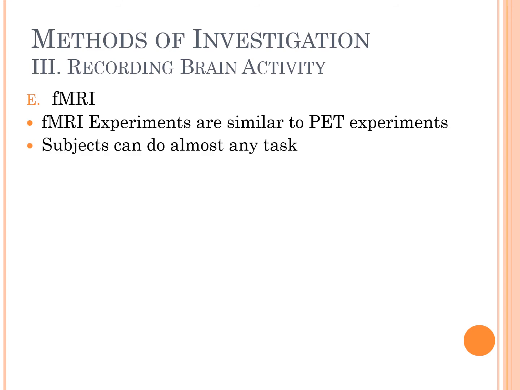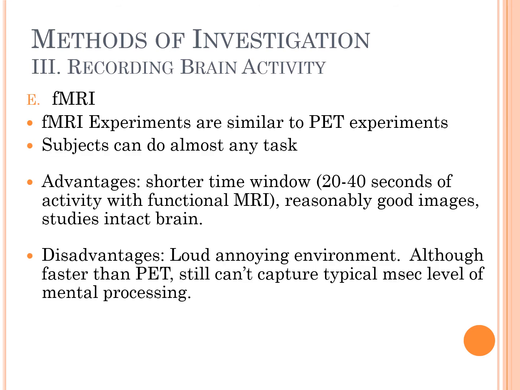I've gone through most of this with other slides, but here it is with words on a slide. We can do studies similar to PET experiments. Subjects can do almost any task. The advantages are the shorter time window, the reasonably good images of the brain, and that we're studying activity in a human intact brain.